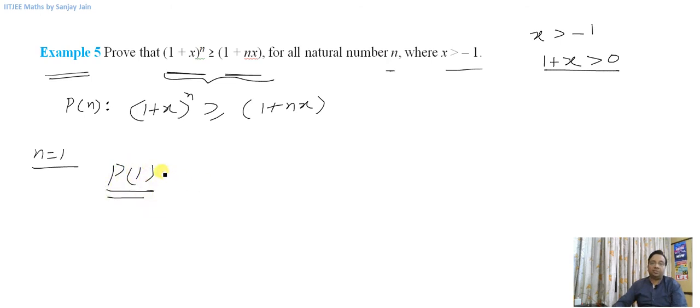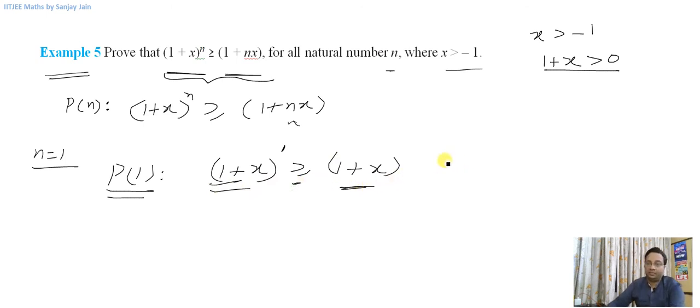So p of 1 is 1 plus x raised to power 1 greater than or equal to 1 plus, I'll replace this n with 1, so 1 plus x. So 1 plus x is greater than or equal to 1 plus x, so it is true. So I can say p of 1 is true.